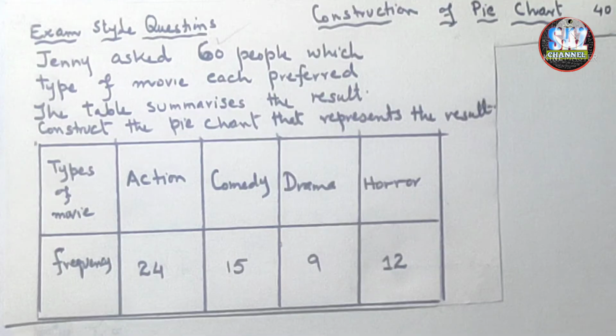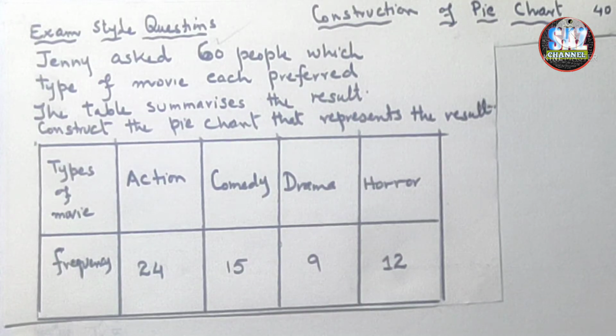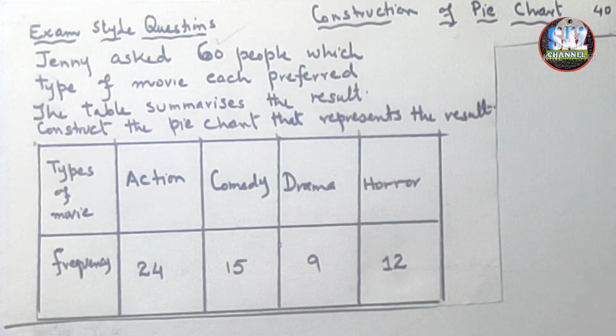Let me read the question from the book. Question says that Jenny asked 60 people which type of movie each preferred. The table summarizes the result, and we have to construct the pie chart to represent these results. Recall my previous lesson that pie chart is a circular diagram, and in order to construct and draw the pie chart, we have to first find the angle associated with each sector and recall the formula.